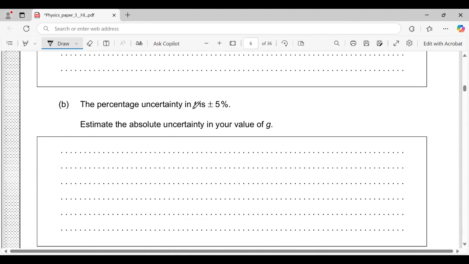Next question. The percentage uncertainty in t is plus minus 5%. Estimate the absolute uncertainty in your value of g. From part A, we got the formula that g is equal to 2s over t squared. The uncertainty in g depends on the uncertainty in t as well. So we can use the formula for the uncertainty propagation: delta g divided by g equals 2 times delta t over t.